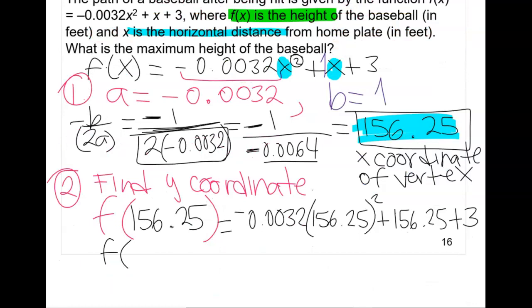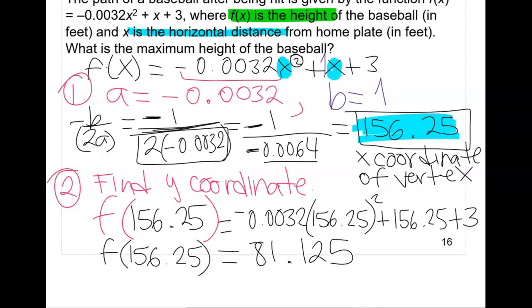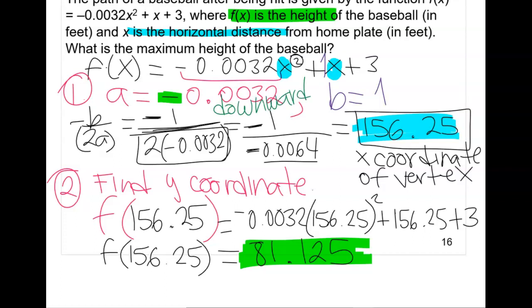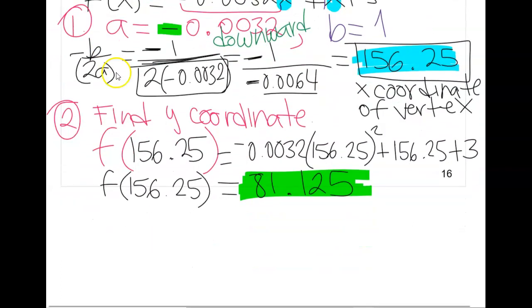Okay, so what I get from here is equal to 81.125. And so that's going to be the maximum height. Remember how A is negative, so that means the parabola is going to open downward, and so the vertex is going to represent the maximum.